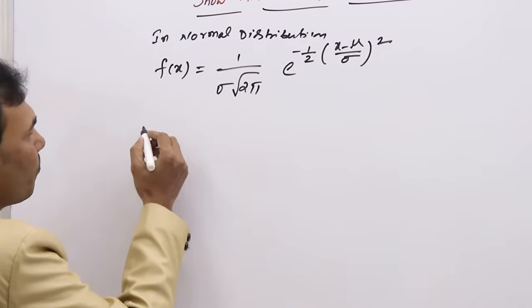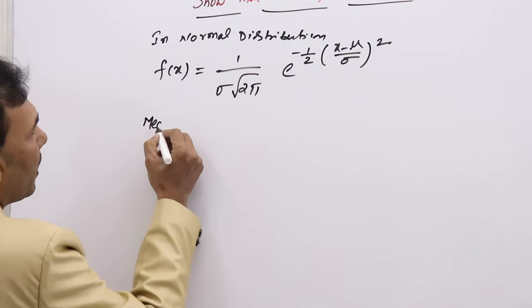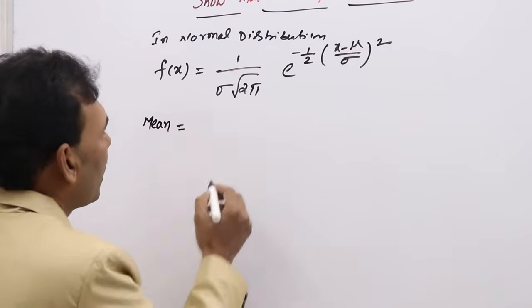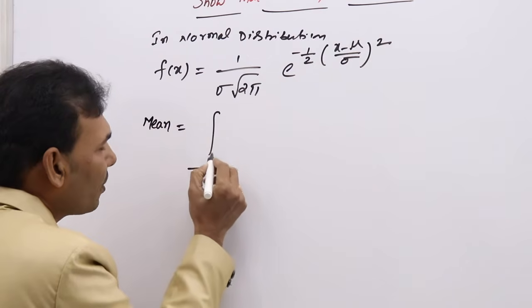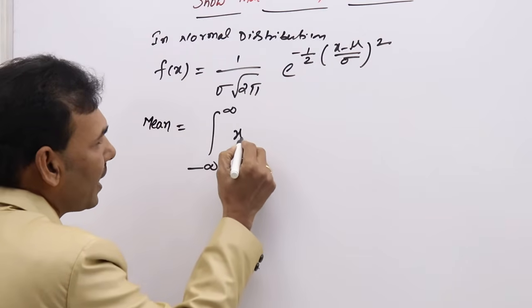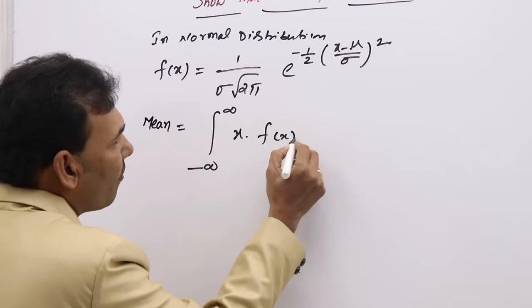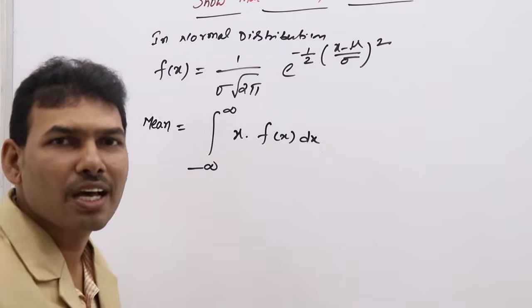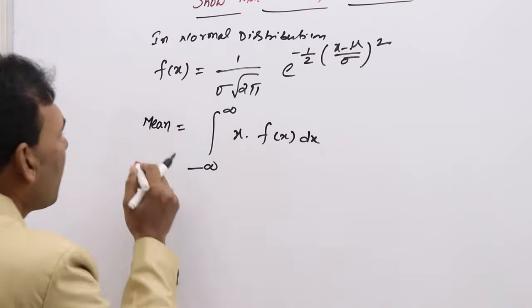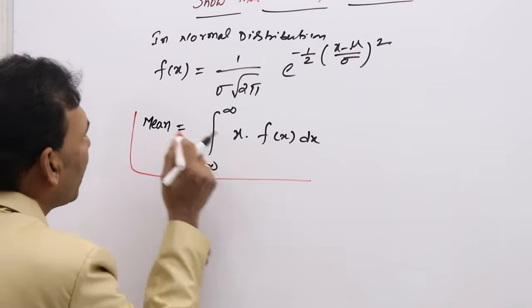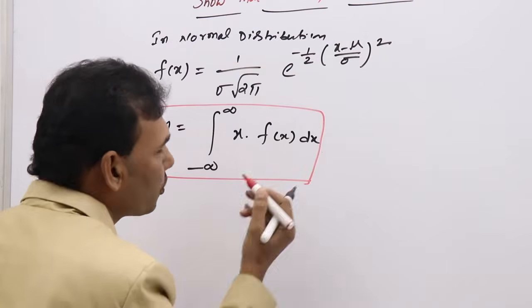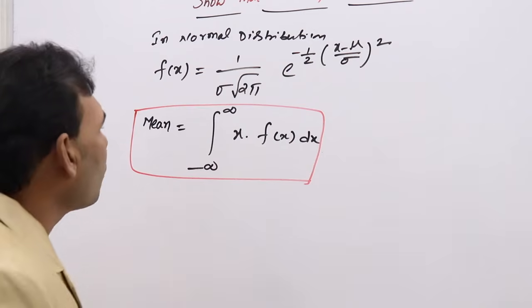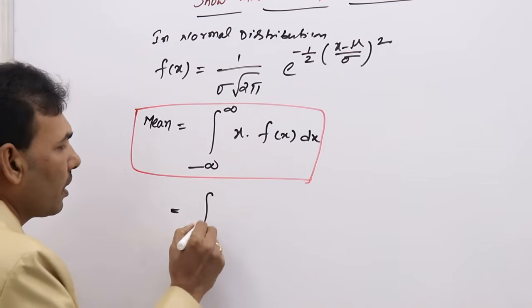So first coming to mean. Mean equal to integral minus infinity to infinity x into f of x dx. This is the formula for mean in a continuous probability distribution. So what is small f of x in normal distribution?